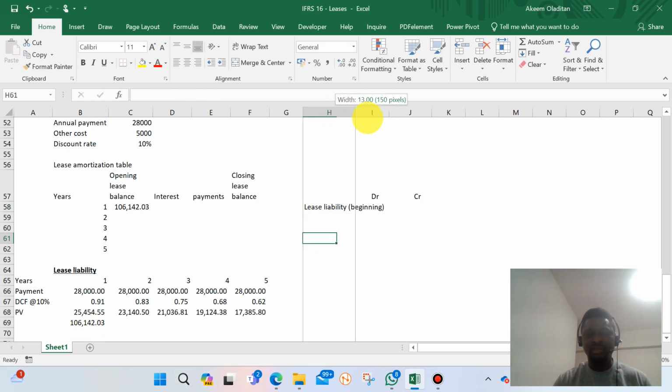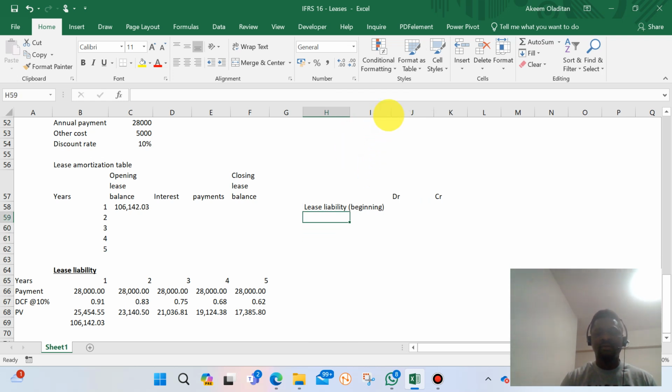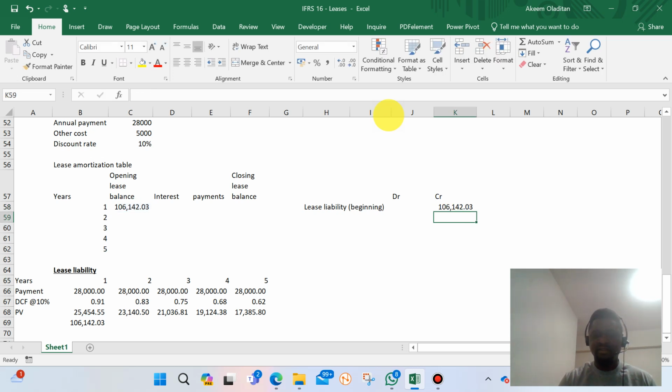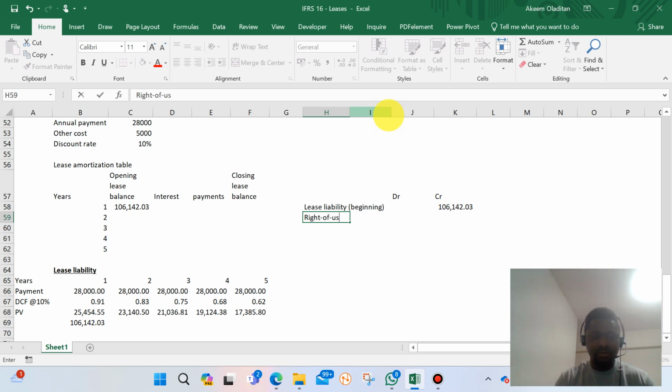This liability at the beginning is how much? It is the 106. And which account do we debit? We debit right of use assets. That is our ROU.